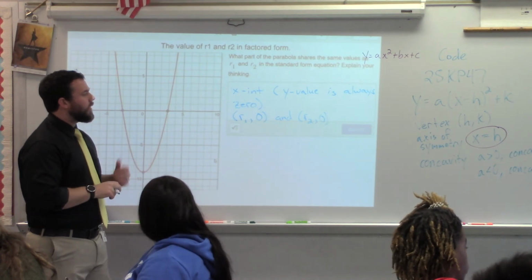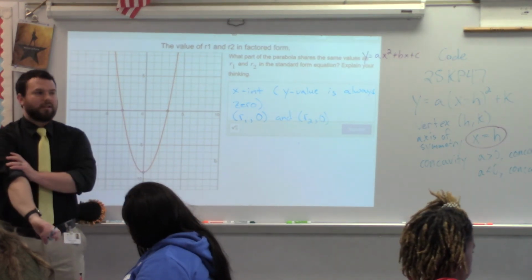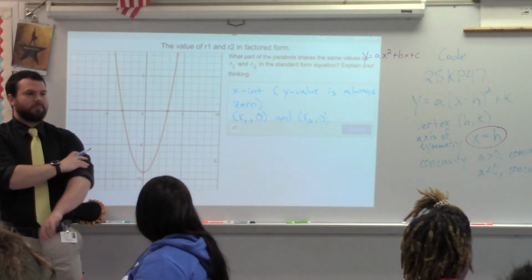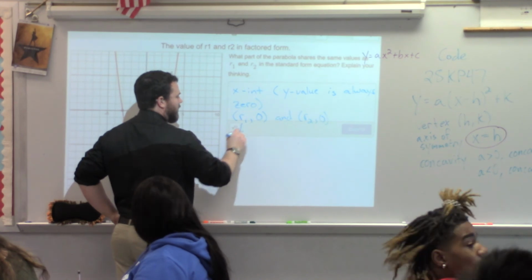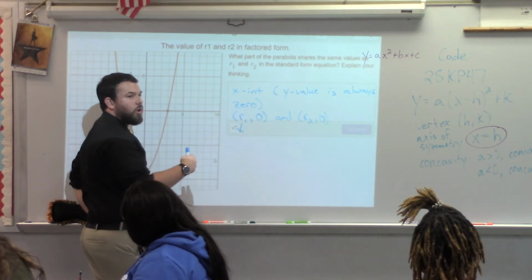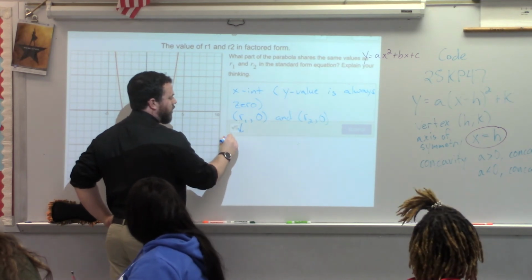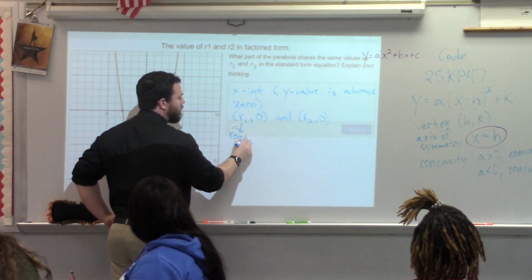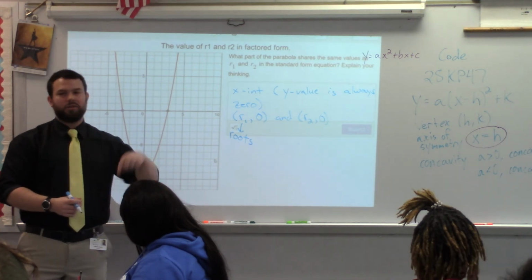Alright, so one thing I do want to point out, does anyone find it odd that we're using the letter r for x-intercepts? Another word for these values is roots. We'll go into more detail about it, but the x value of the x-intercept is also called a root.